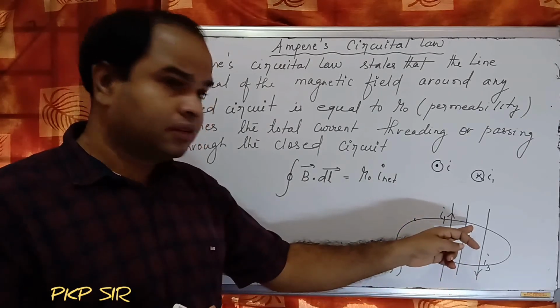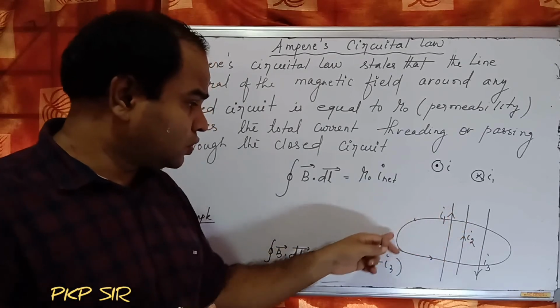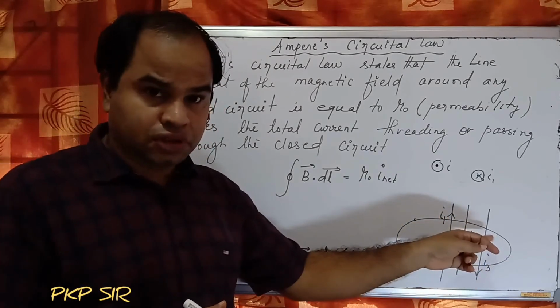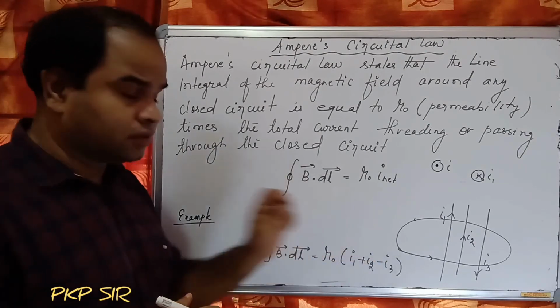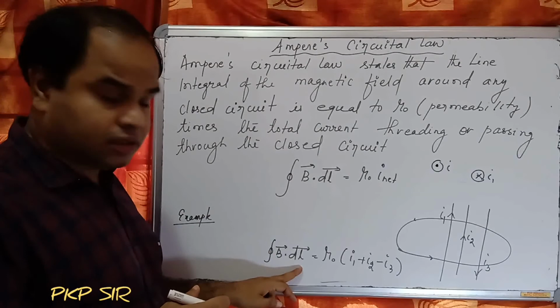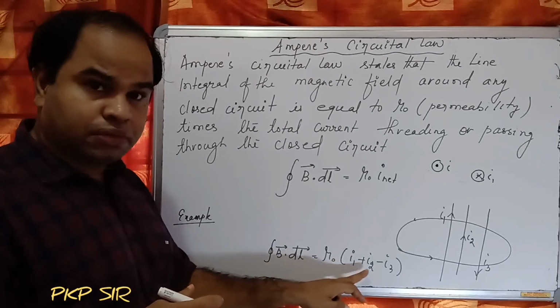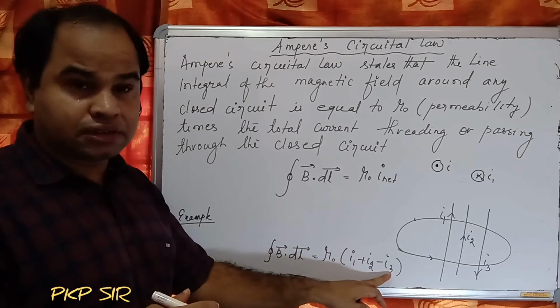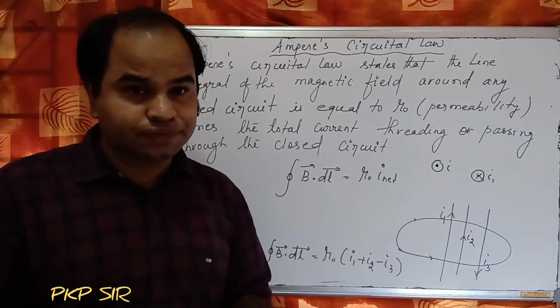So we will do integration across this closed line. Ampere's circuital law for this is the integration of B dot dl is equal to mu naught times I1 plus I2 minus I3, because I3 is negative, moving in the downward direction.